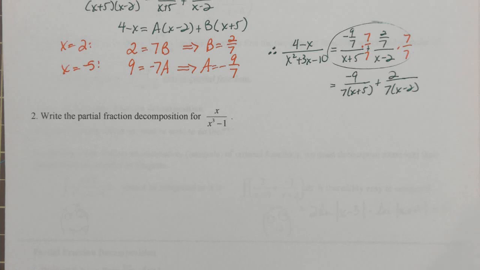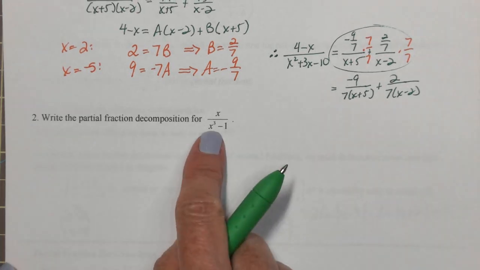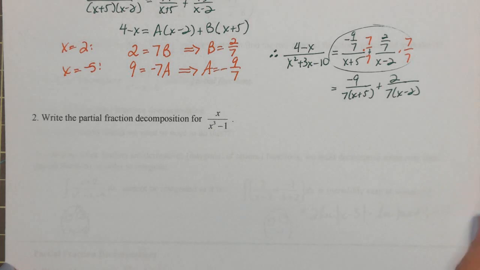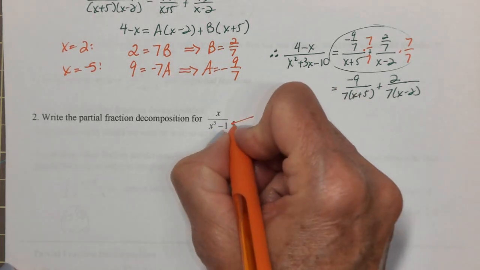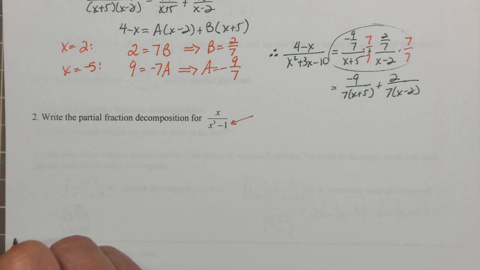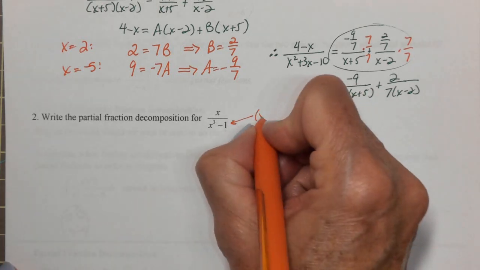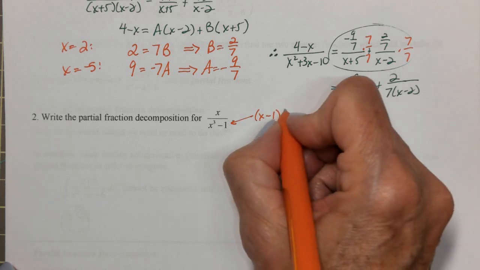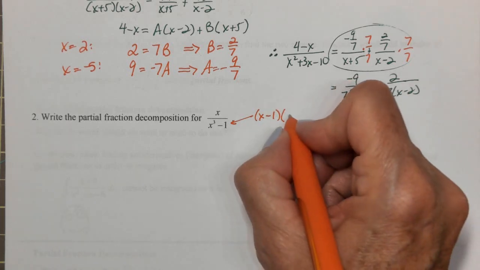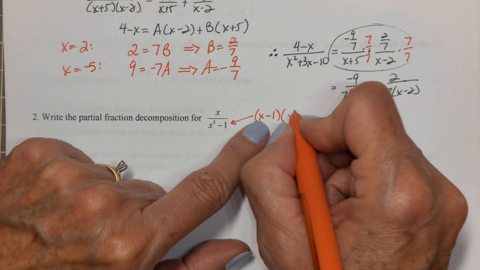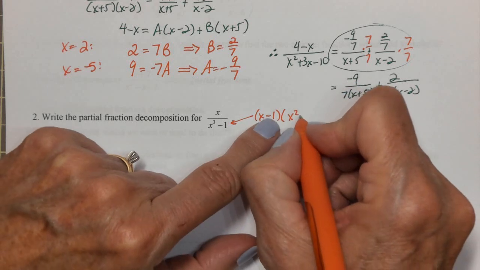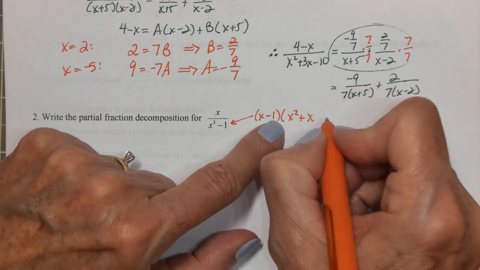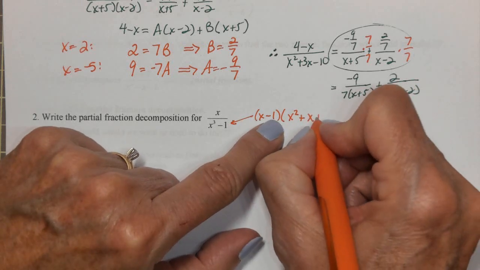Okay, what about this one? Partial fraction decomposition. We begin by factoring this bottom. How does the difference of cubes factor? Well, difference of cubes factors into x minus 1 times the square of the first, change the sign, multiply them together, the square of the last.